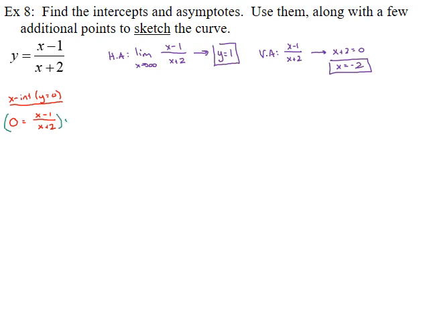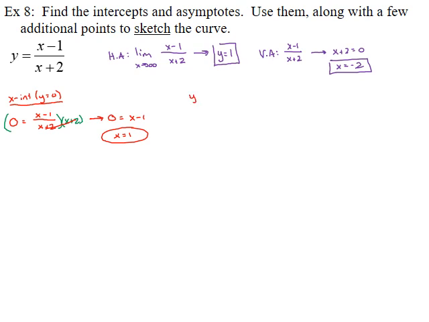Multiplying 0 doesn't do anything, so you still get 0, but you do cancel them on the right, which gives you x minus 1. Add 1 to both sides. That means you have an x-intercept at x equals 1.